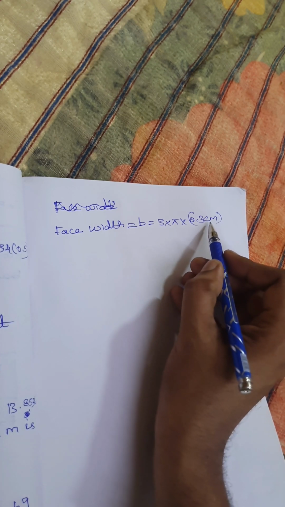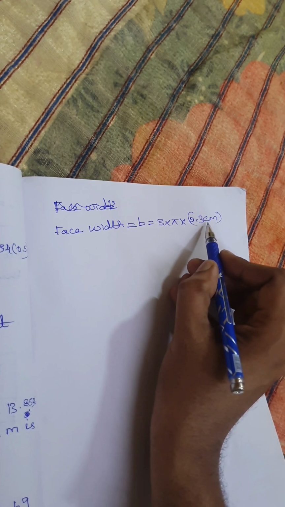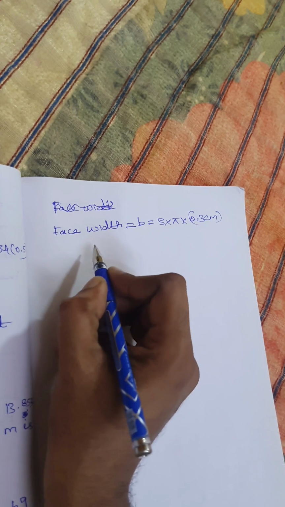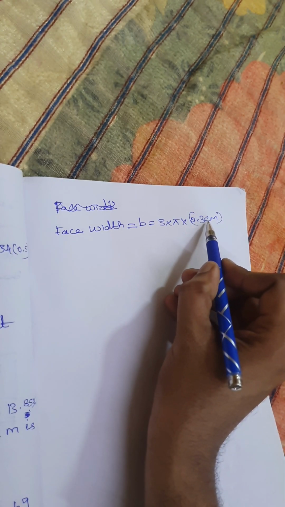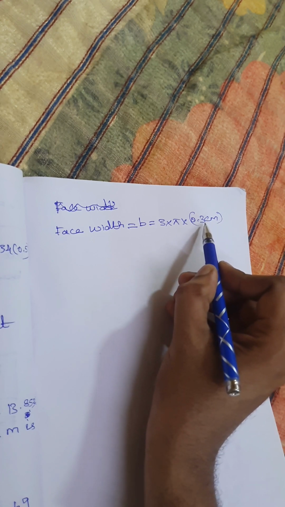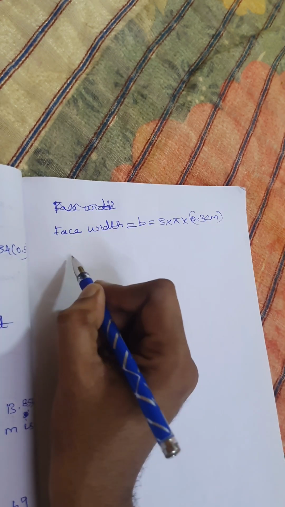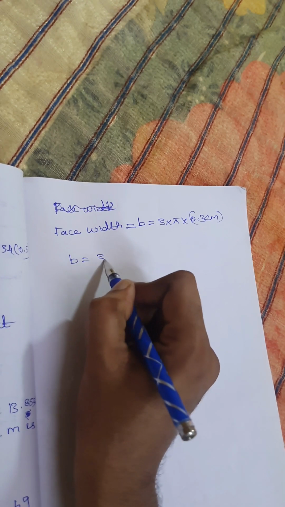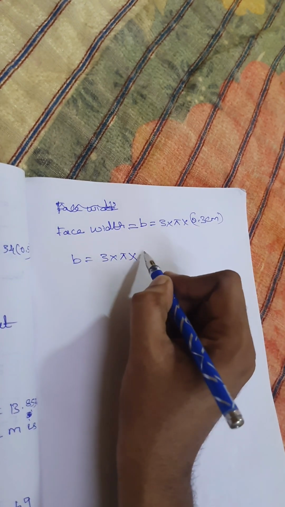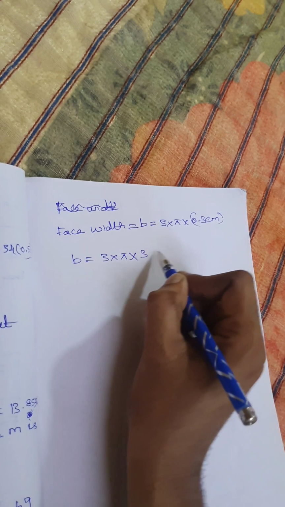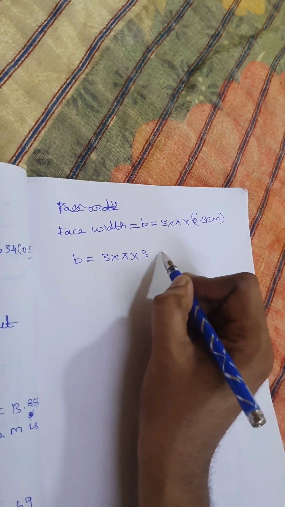So we have to change this unit from centimeter to millimeter. For converting from centimeter to millimeter we have to multiply by 10. Therefore b will be 3 into pi into 0.3 into 10, which is 3, so the unit will be converted into mm.